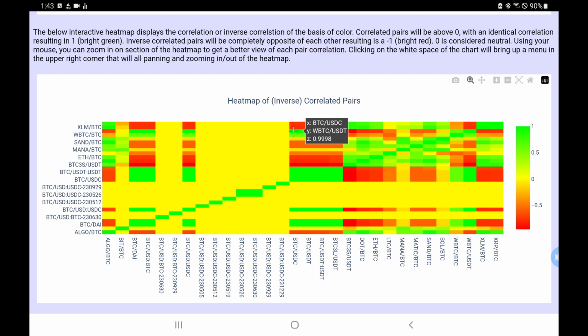But BTC USD and wrapped BTC USD, they trade in the same direction roughly 99% of the time. So two different, quote, currencies being compared. And you can see that above as well in the table.